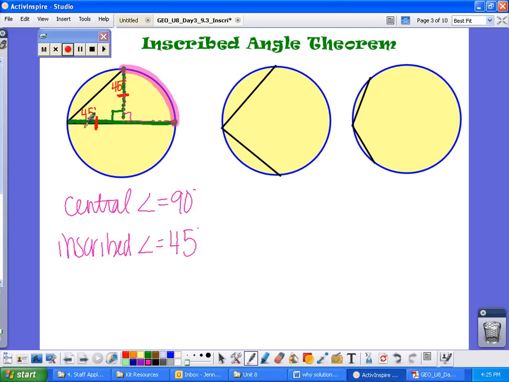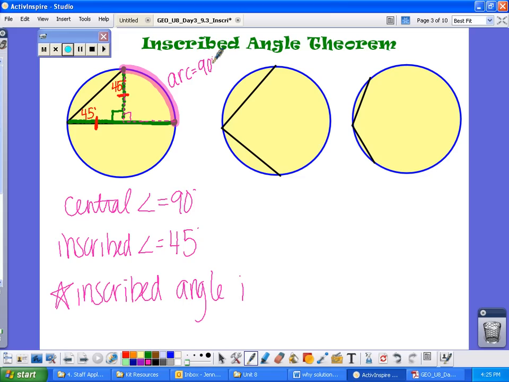So what can I infer about inscribed angles, or what can I understand? An inscribed angle is, now remember that I told you that the arc over here was 90 degrees, okay?